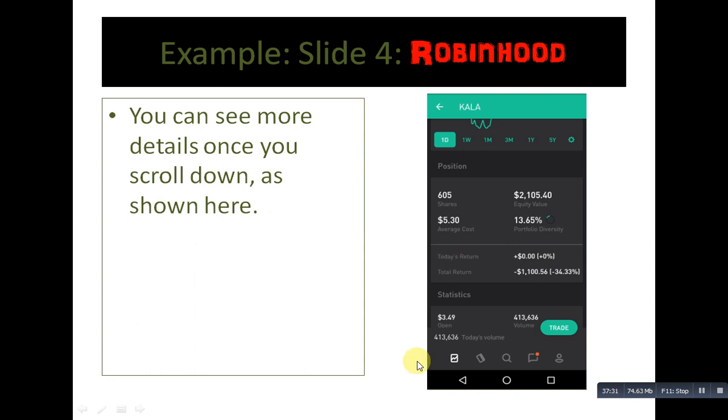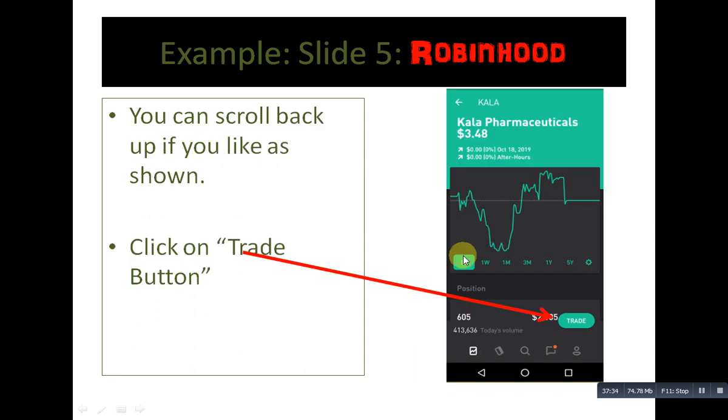Next, we will go back and I scroll back up on my screen. This is basically my family's account. What we have here is a trade button, and I want you to click on it first.